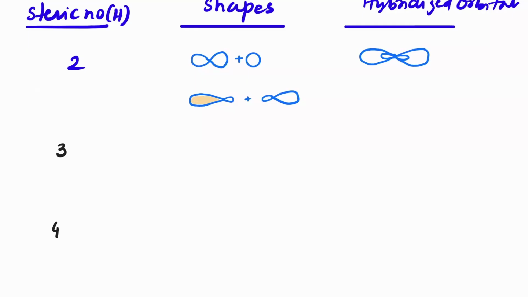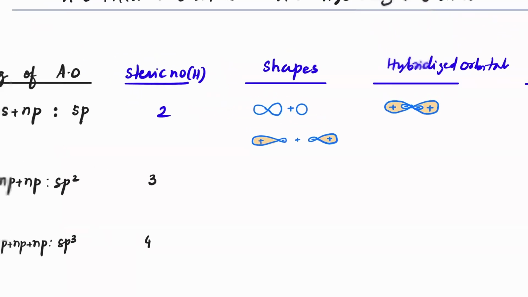If I shade this as the positive side, it belongs to the same phase. So this orbital has one particular phase, plus and plus, and the other one will be minus and minus. Inside here it is minus and minus, and here it is plus and plus. This is how the hybridized orbital will look.